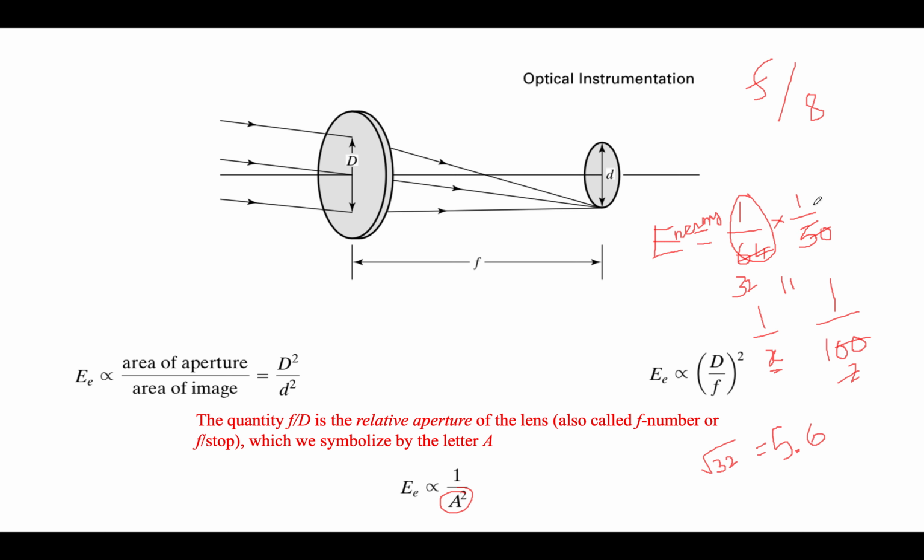5.6. So if I want to double the exposure time, I would need to use an f number of f over 5.6. If I had an f over 8 lens, which I used with an exposure time of 1 over 50 seconds to get a good image, but now I need to increase the exposure time, because I would like to capture something longer, for 1 over 100 seconds, then I need to change my f number.